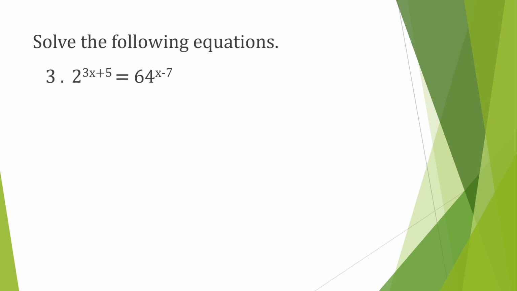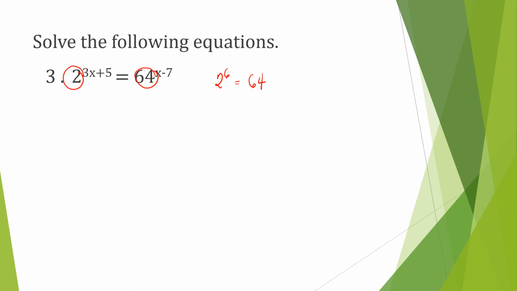Number 3, we have 2 raised to 3x plus 5 is equal to 64 raised to x minus 7. Note that the bases are not the same. We have 2 and 64. But we can rewrite 64 as base 2. We know that 2 raised to 6 is equal to 64.